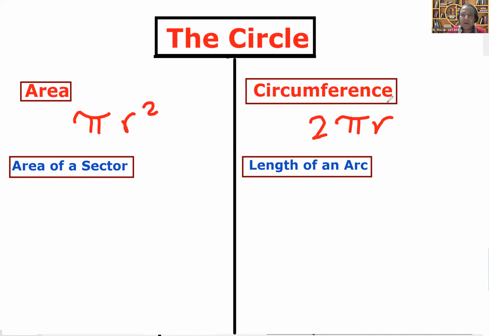What's the length of an arc or area of a sector?